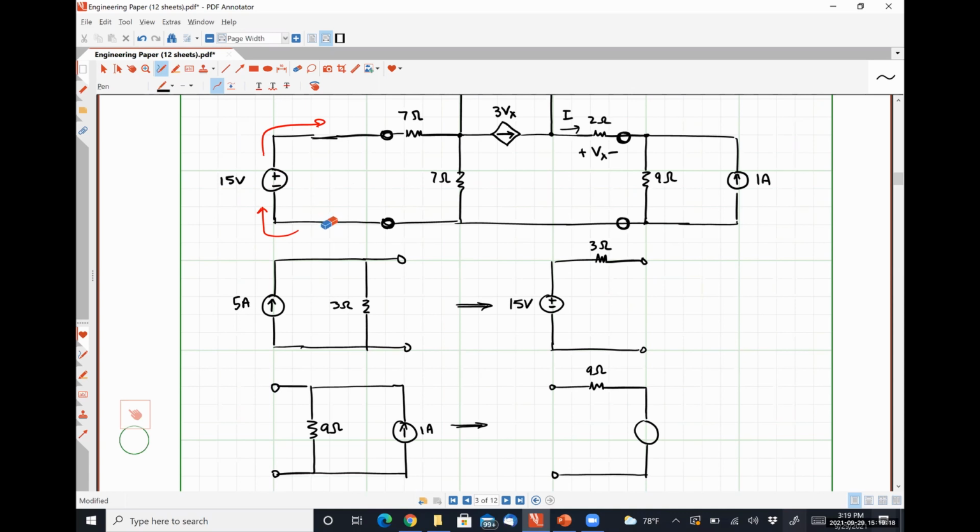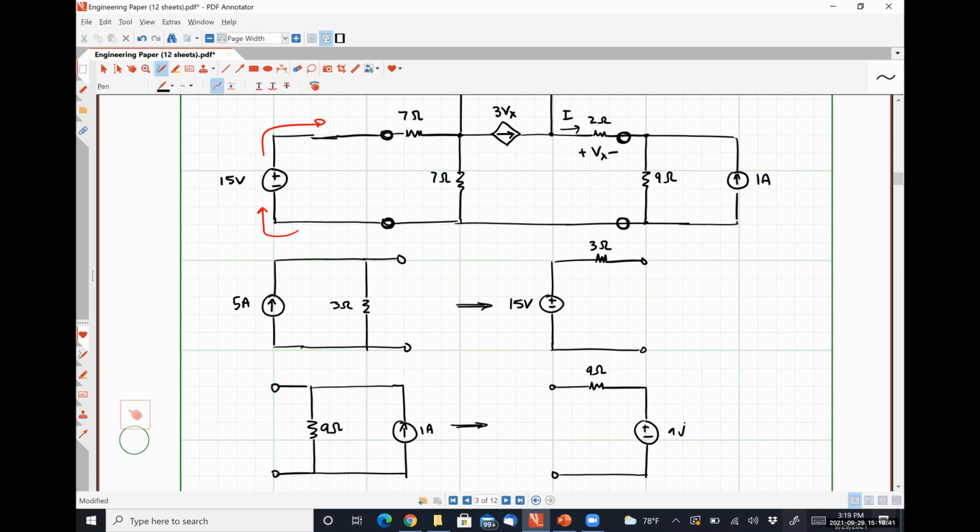All right, so we're converting that 9 ohm, 1 amp practical current source into a practical voltage source. Should the positive polarity terminal of my practical voltage source be on top or bottom? Top, all right. And what will the voltage be? 9 volts, easy peasy.